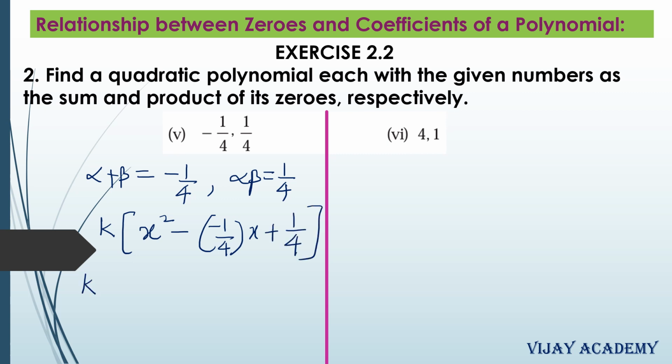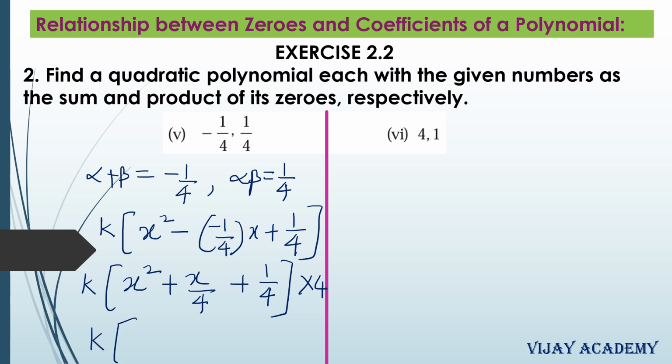By simplifying this, we get k times x square plus x by 4 plus 1 by 4, because here we have minus of minus 1 becomes plus. So we need to multiply this to write it in the standard form. Let us multiply this polynomial by 4, because the LCM of the denominators is 4. So we get k times 4x square plus x plus 1.